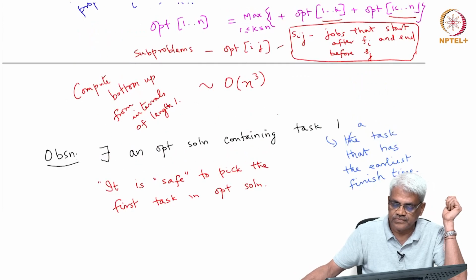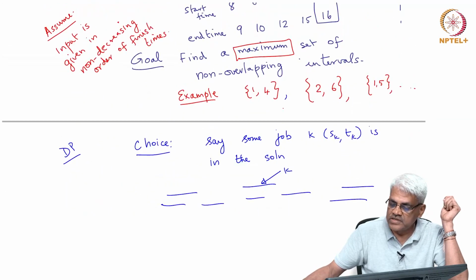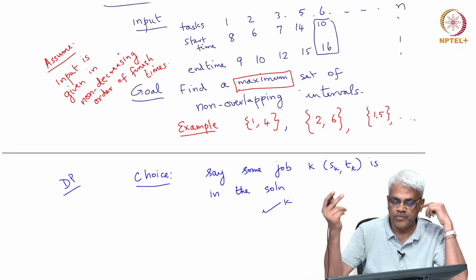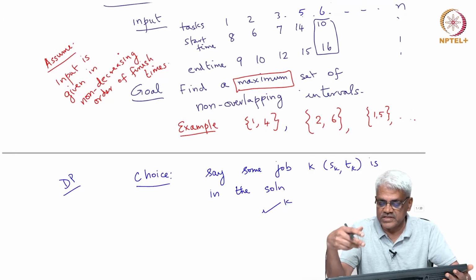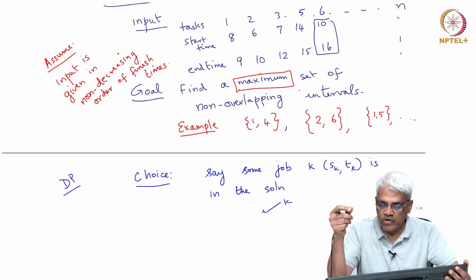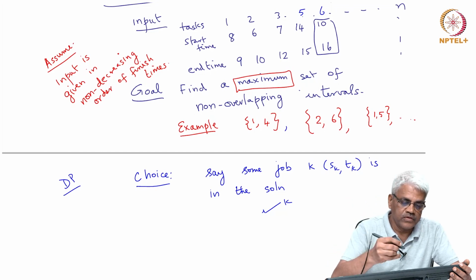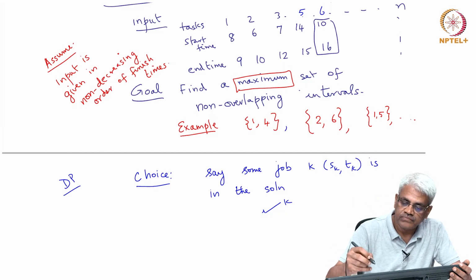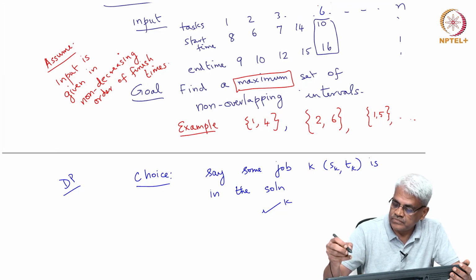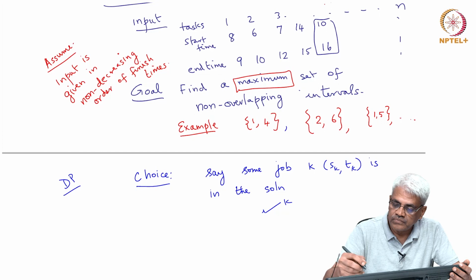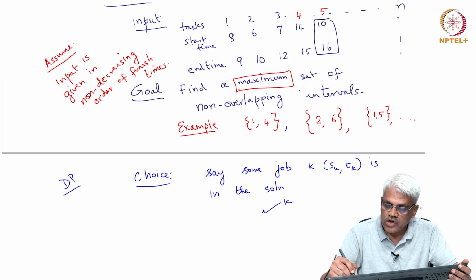So let's look at that example. We saw several optimum solutions, right? The optimum number of tasks you can schedule in this example is 2. We said 1 comma 4, 2 comma 5, and 1 comma 5.